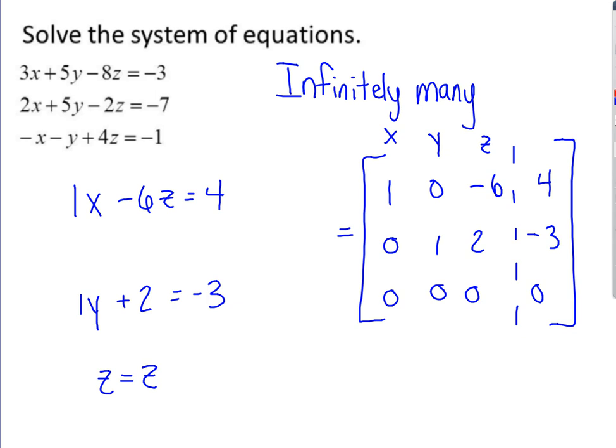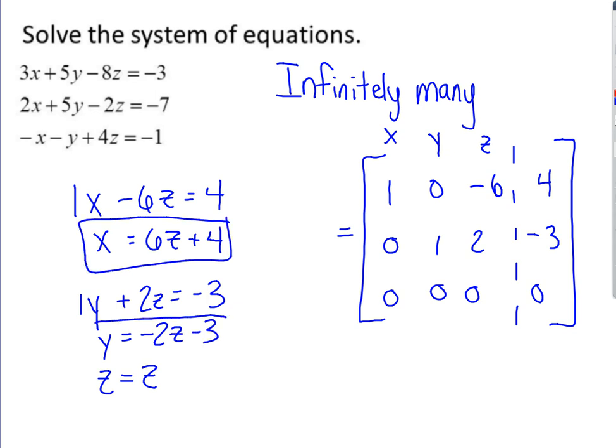So on the other ones, we want to get the x and the y by itself. So to get the x by itself, we're going to add that 6z. So this will give me 6z plus 4. On the y's, we're going to subtract the 2z. So this will be negative 2z minus 3. So these are our solutions.